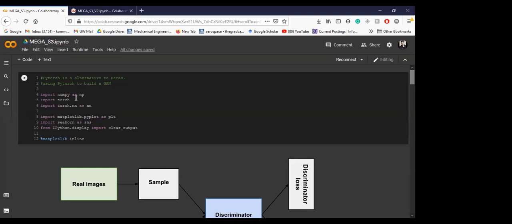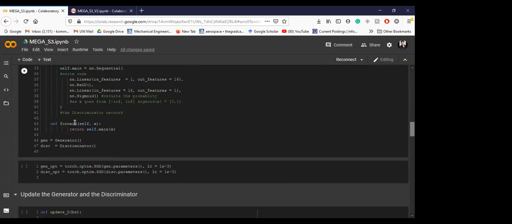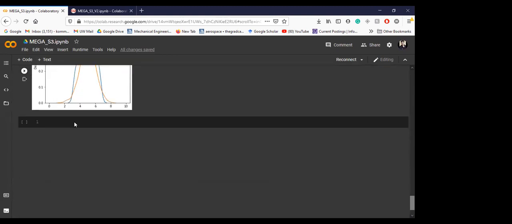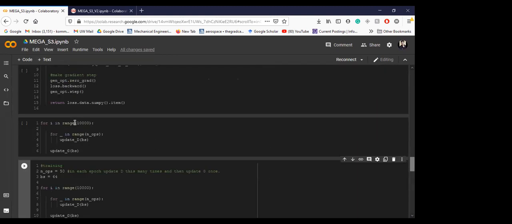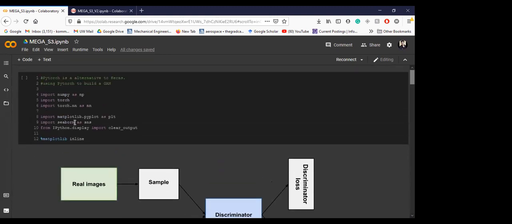So this Mega is session 3. This notebook essentially has the complete code to generate a GAN, and there are a few really advanced Python syntax that I have used for writing GANs, which I really didn't want to get into the session.